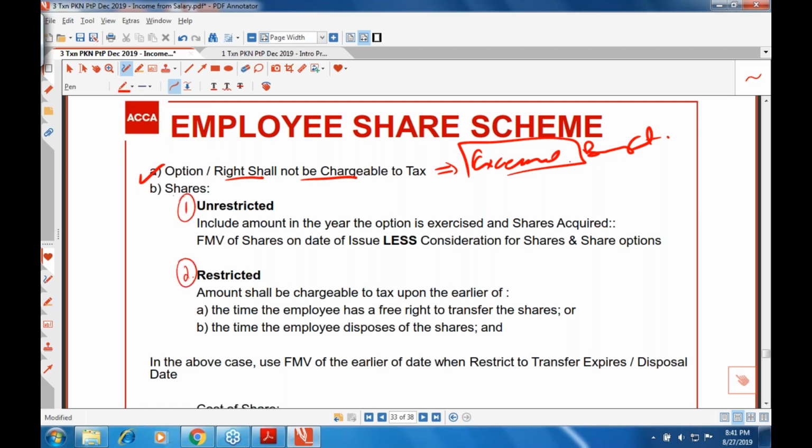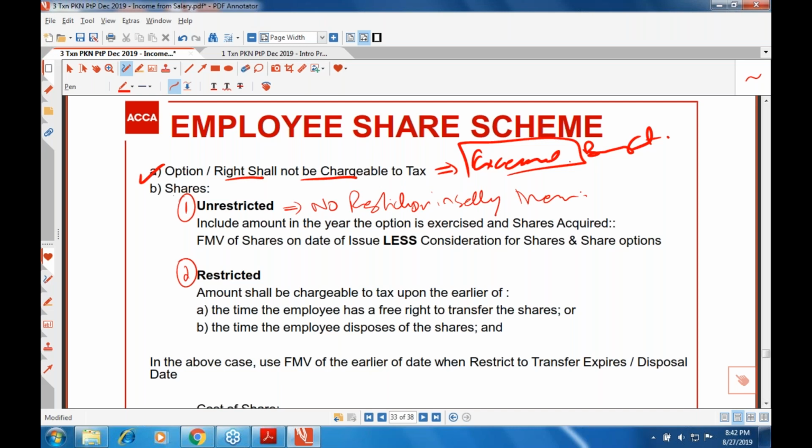One is unrestricted, the other is restricted. Now, what exactly do you mean by unrestricted shares? Unrestricted means there is no restriction in selling them.